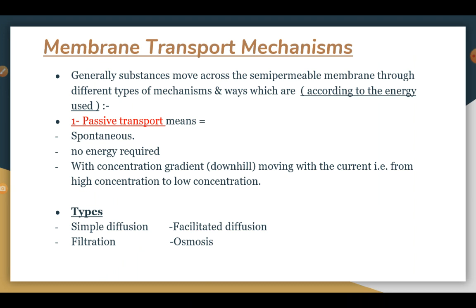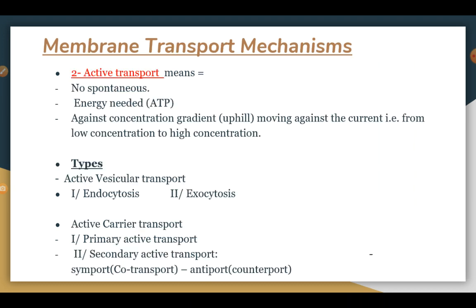We have simple diffusion, facilitated diffusion, filtration, and osmosis. Active transport needs energy and moves against the concentration gradient, from low concentration to high concentration. We have active vesicular transport and active carrier transport. We talked about these two in the previous videos.